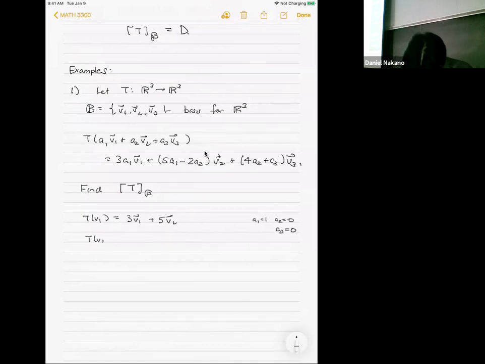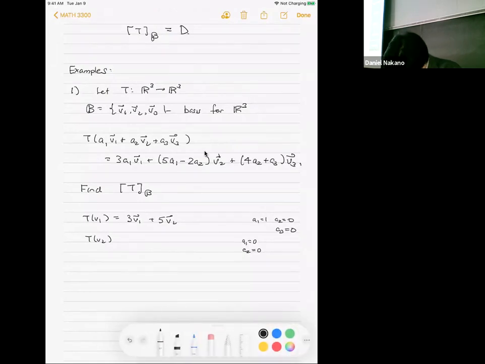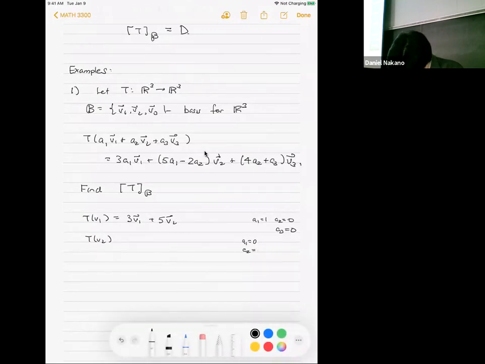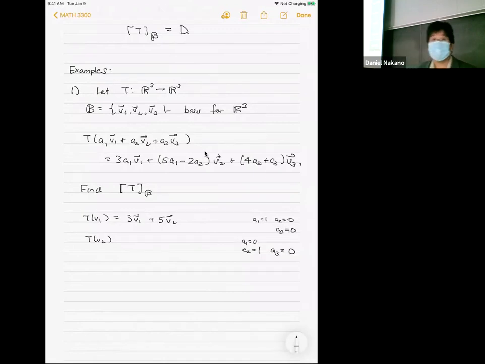Let's do V2. Here A1 is 0, A2 is 1 and A3 is 0. We substitute those values in and see what we get. A1 is 0, so we don't have anything for the first one.